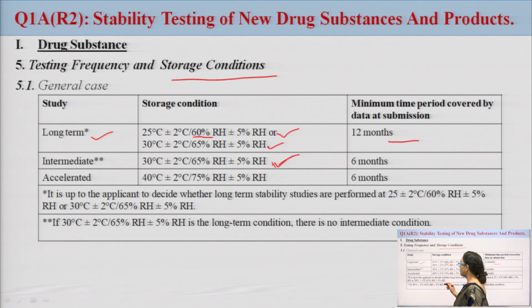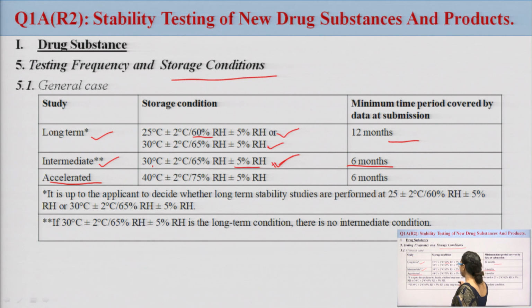So, for intermediate stability testing we will select the temperature 30 degrees Celsius, again here 2 degrees Celsius variation is allowed, and 65% relative humidity, again 5% variation is allowed. This study is generally conducted for 6 months. Next is accelerated study.